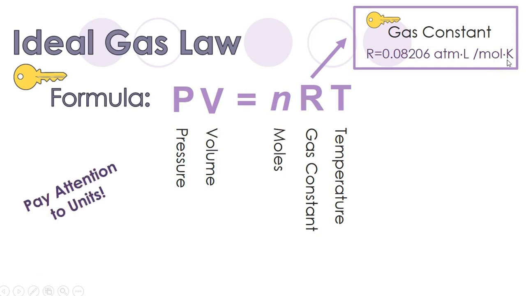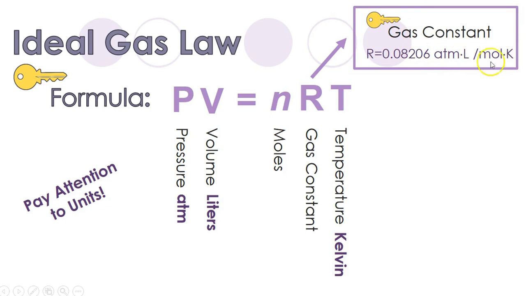Whenever you're using the ideal gas law, you always need to pay attention to our units. Because our gas law has these units in it, our pressure always has to be calculated in atm in order to use this formula. Our volume always has to be in liters. Our number of moles are always going to be in moles, and our temperature always has to be in degrees Kelvin.